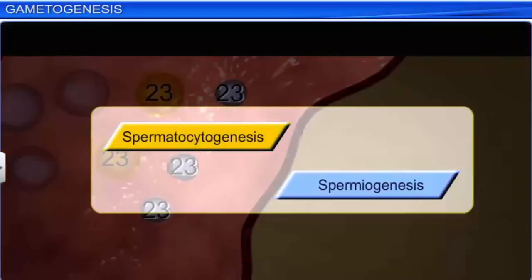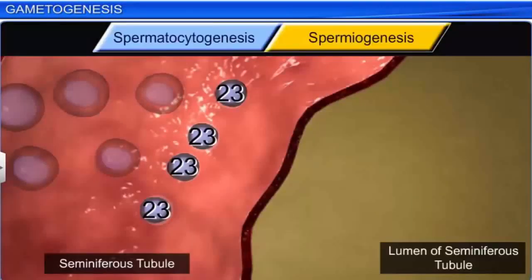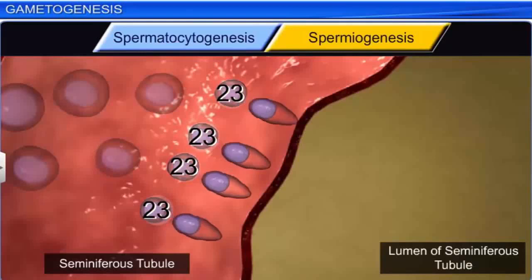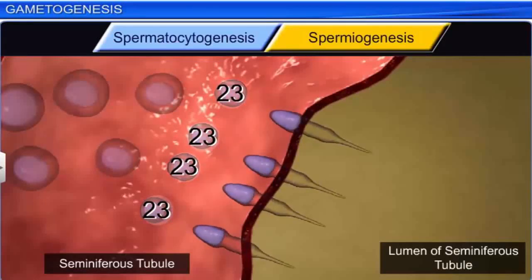Spermatocytogenesis is succeeded by spermiogenesis, during which the spermatids differentiate into an elongated and tadpole-like spermatozoa or sperms.